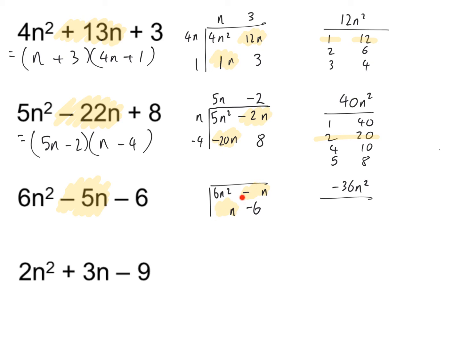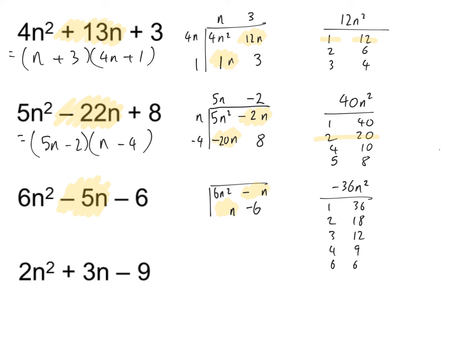Because the yellows add together to give me negative 5, it means this negative is going to be greater in size than this positive. So I'm going to list all my factors of 36 here. So 1 and 36, 2 and 18, 3 and 12, 4 and 9, 6 and itself, and just consider these.